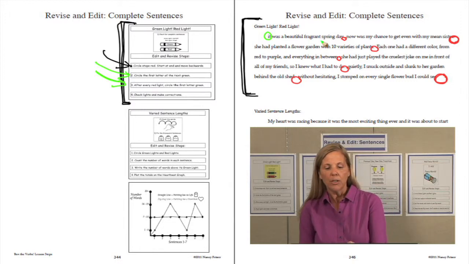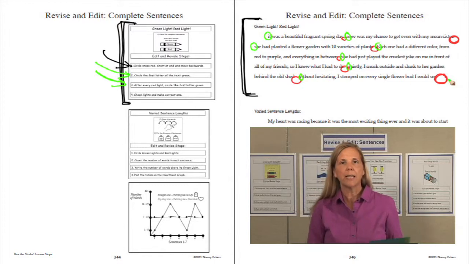After a stop begins a new sentence and it should be capitalized. After my red, green. After my red, green. After my red, green. And after my red, green. And we have our ending there.